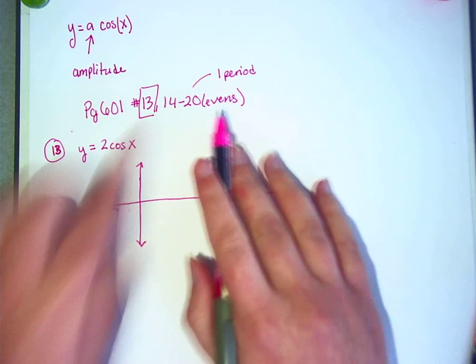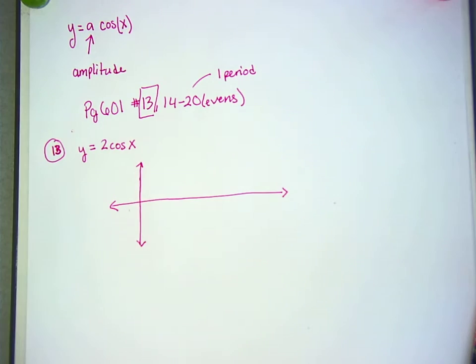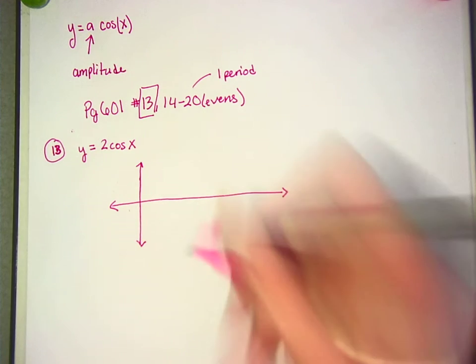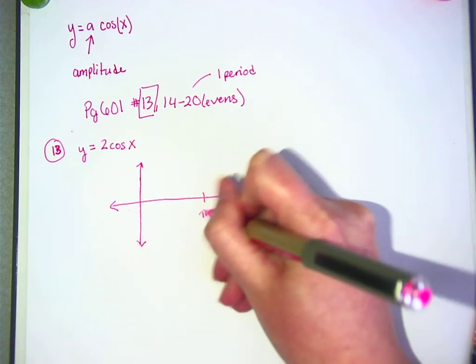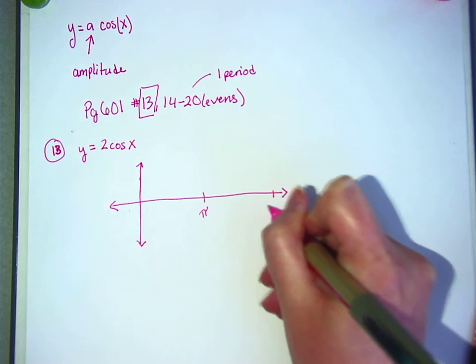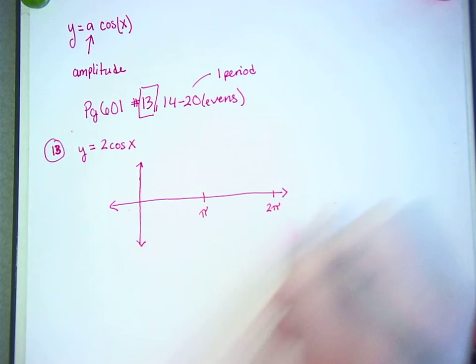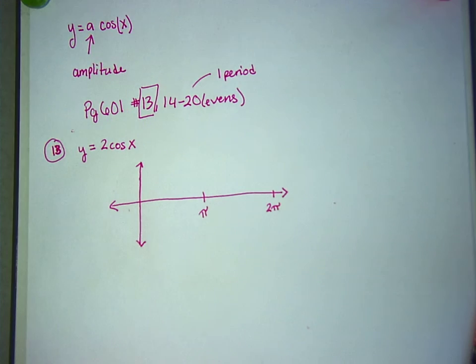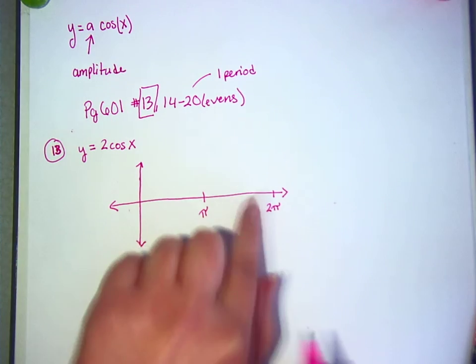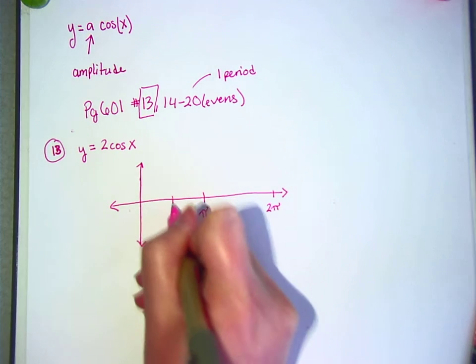Half of the period from 0 to 2 pi. Yeah. So we're going to put pi in the middle, and we're going to put 2 pi at the end. And then we're going to be doing half of both of those, which will be pi over 2.